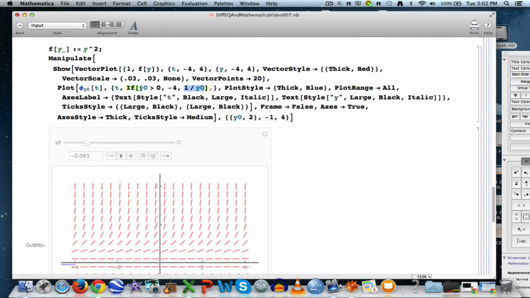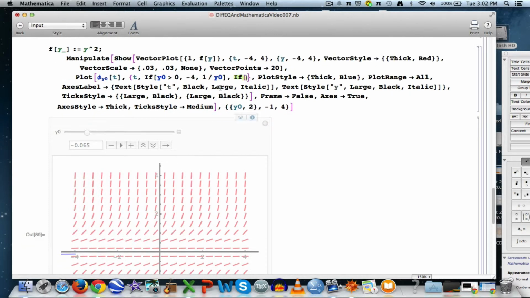So if the initial value for the initial value problem is positive, I want this left endpoint of the interval to be -4. On the other hand, if it's negative, I'm not including the case where it's 0, I want the left endpoint to be 1 over y0. I guess the y0 equals 0 case is technically included, but it actually would give an error in that case, so we won't worry about that.